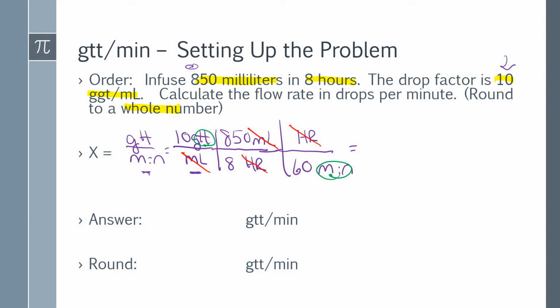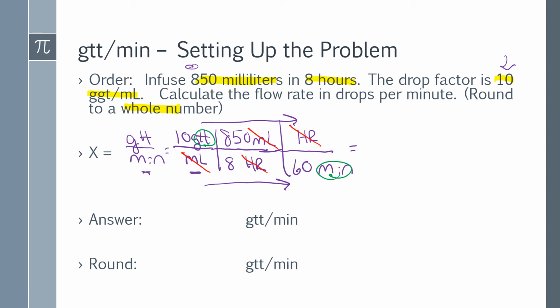Now we just need to shore it up a little bit, and this is going to be good practice for you because you want to get all this mess out of the way because you just want to start multiplying and dividing. So remember, everything across the top and everything across the bottom stay in those places.